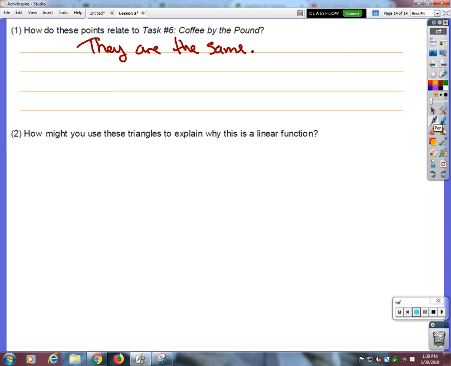The two hypotenuses, yeah, the hypotenuses are parallel. Yeah, that's true too.